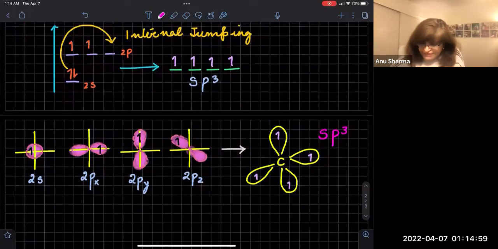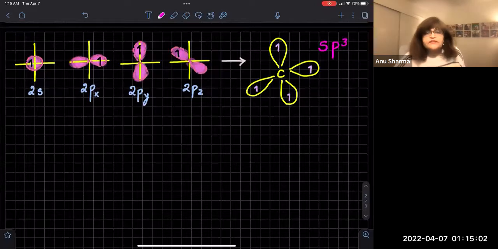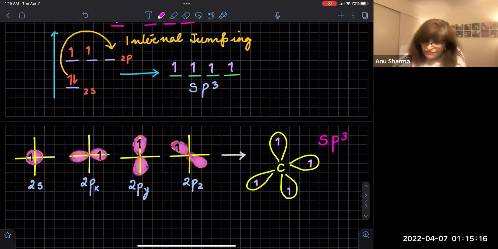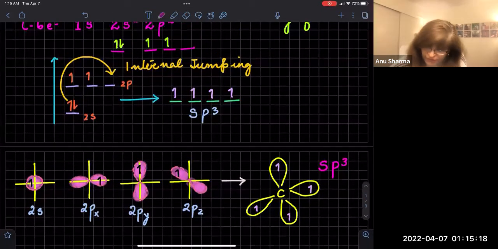Okay, so as you can see, the S orbital is spherical, and the PX, the PY, and the PZ are small, thin lobes. And when they mix, they make the sp3 hybridized orbitals, which are thicker and bigger. So in other words, they would contain 75% P character.